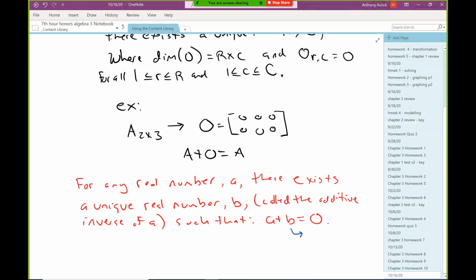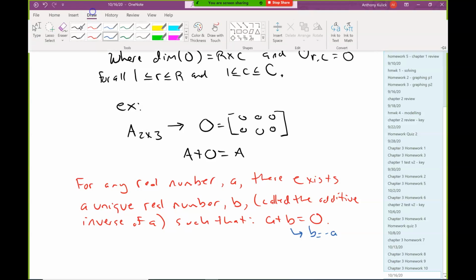Negative A. Yes. That's it. So for example, the additive inverse of 5 is negative 5. The additive inverse of negative 7 is positive 7. This is not surprising to us, right? This is something that we've known for a long, long time.